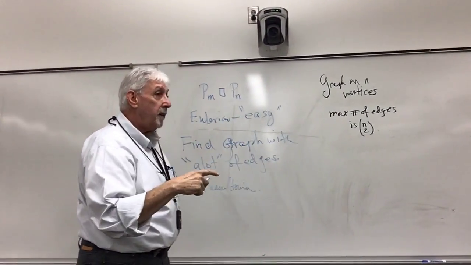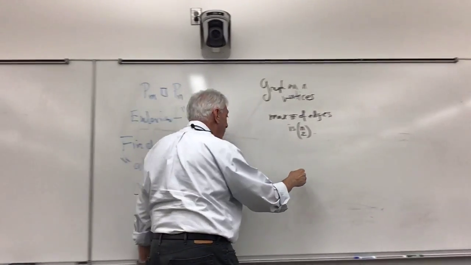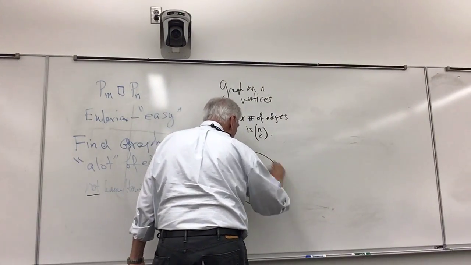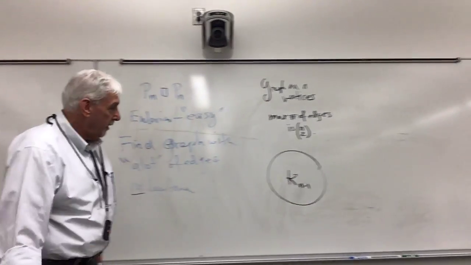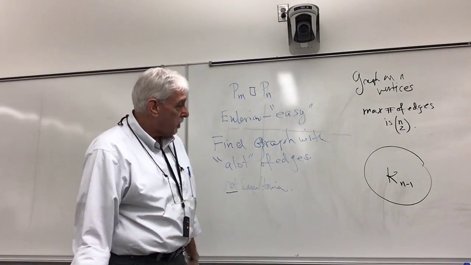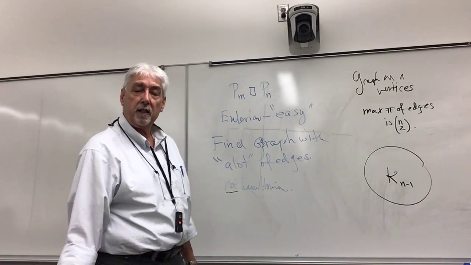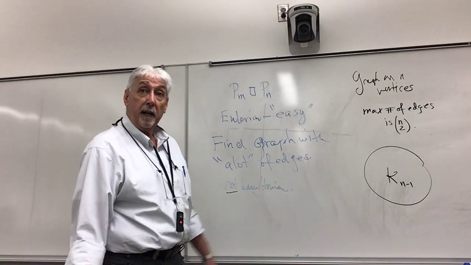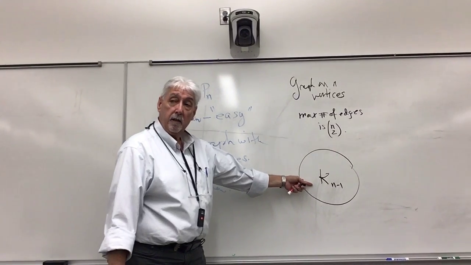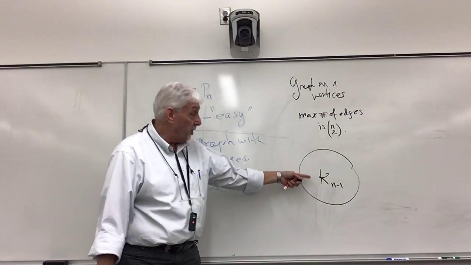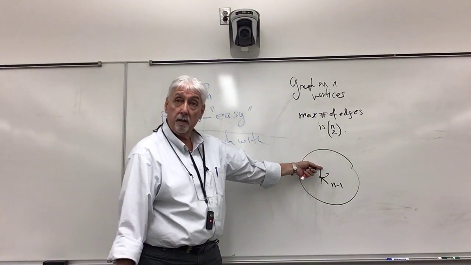But then add another vertex. Let me keep our number as n. If I start with a complete graph on n minus 1 vertices, how many edges are there? N minus 1 choose 2. That's a lot of edges.